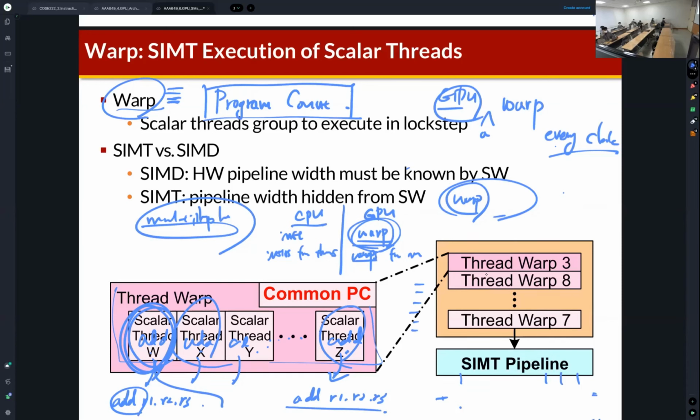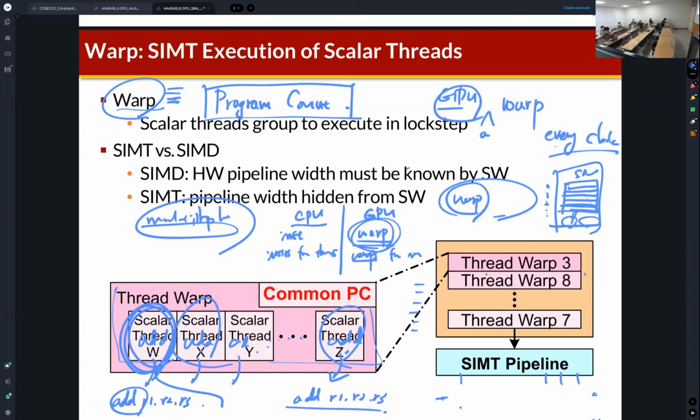An SM can include multiple warps, and the recent architecture, I believe Ampere, can execute up to 32 warps concurrently. A single SM has multiple warps, warp 0, warp 1, 2, and so on, and the warp scheduler selects the warp to be executed by the GPU's SIMD execution engine.